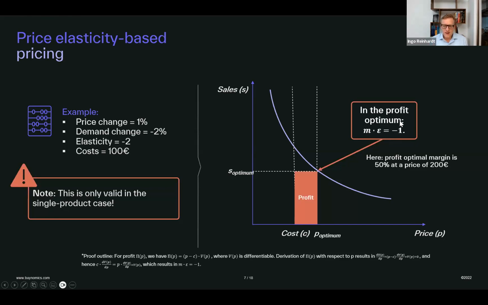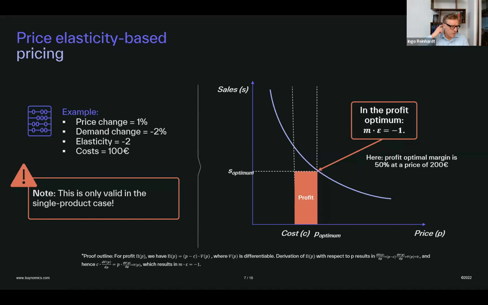To me, that's the most relevant rule when you're working with price elasticity-based pricing. It is only valid, of course, in the one-product world that we have here in the graph. So if you only have one product, then it's strictly true that if your margin times this is -1, you are in the optimum.